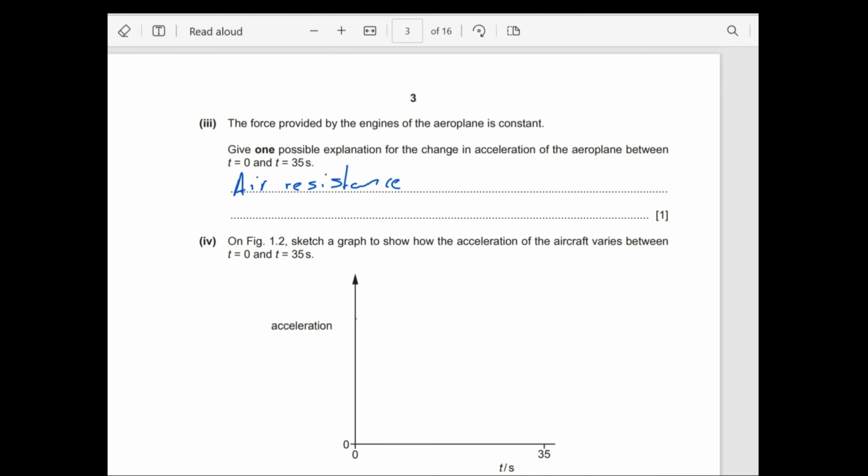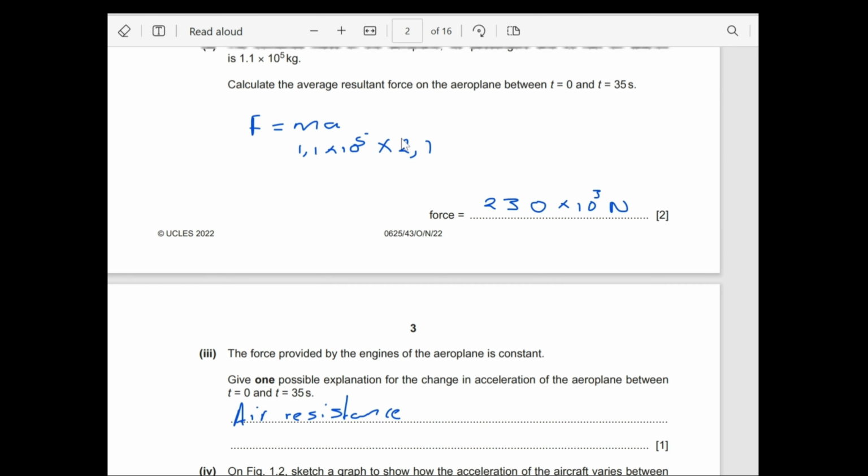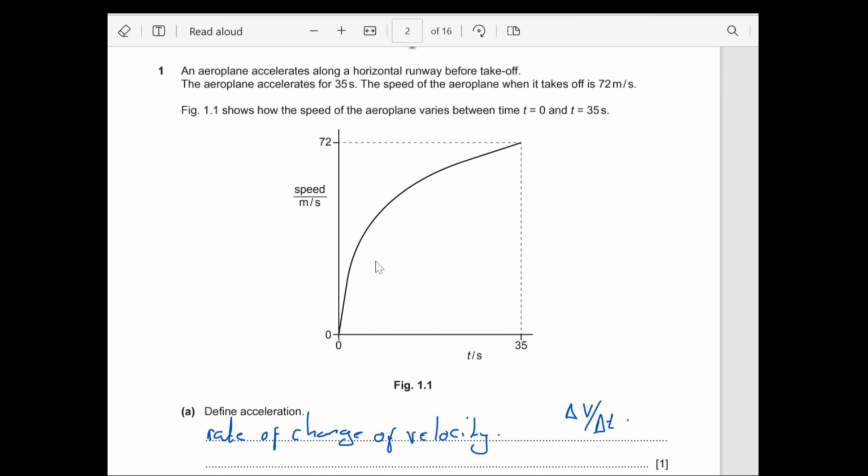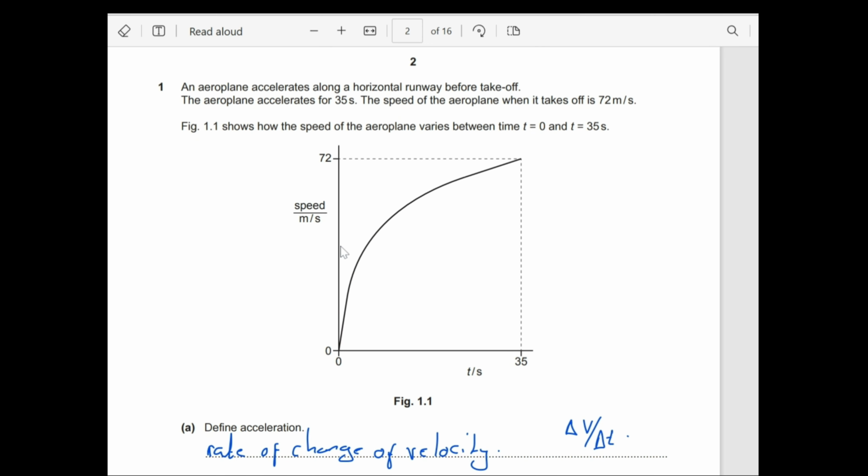On part 4, on fig 1.2, sketch a graph to show how the acceleration of the aircraft varies between t equals 0 and t equals 35. So we can see from the graph above what is happening here, speed against time, but we can see that acceleration is gradually decreasing.